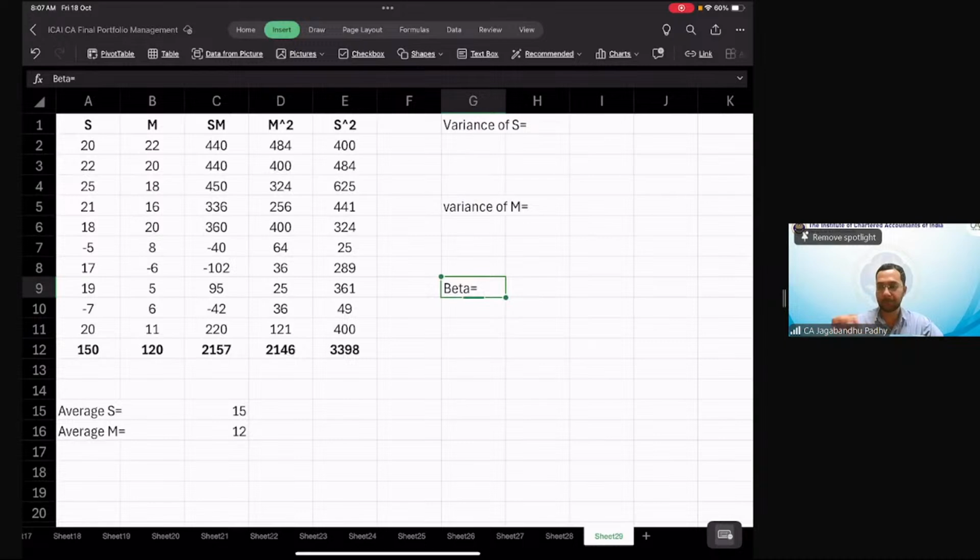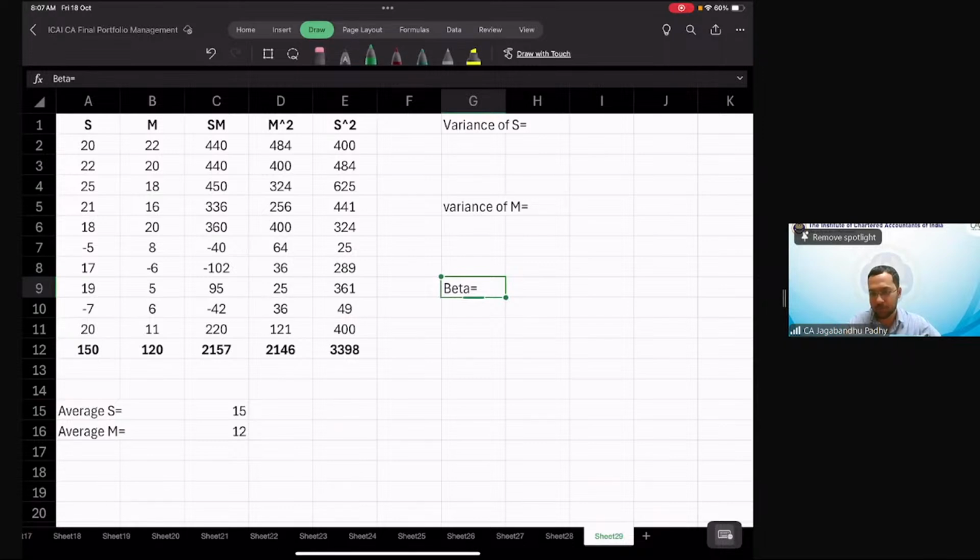Variance of S is summation S square upon number of terms minus S bar the whole square.